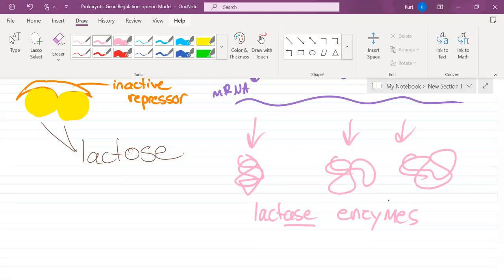What is lactase named after? Listen, enzymes are named after what they break down. What do you think lactase is named after? It breaks down lactose. If you are lactose intolerant, you likely lack the enzyme lactase. You don't have it.